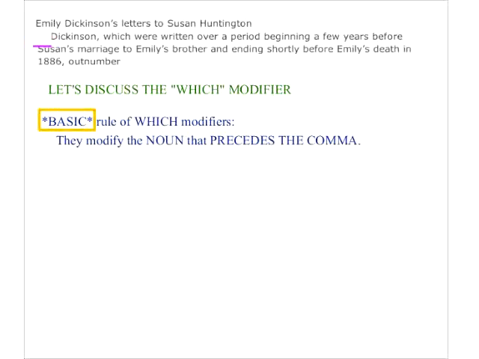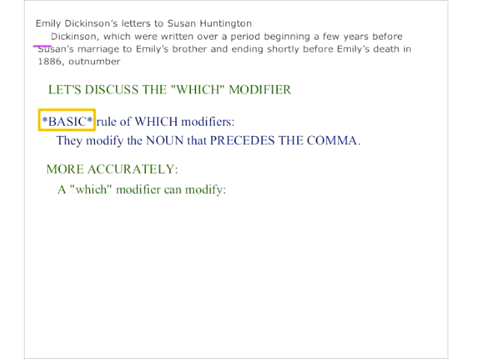A little bit more fine-grained look at this. More accurately, a which modifier can modify the immediately preceding noun.